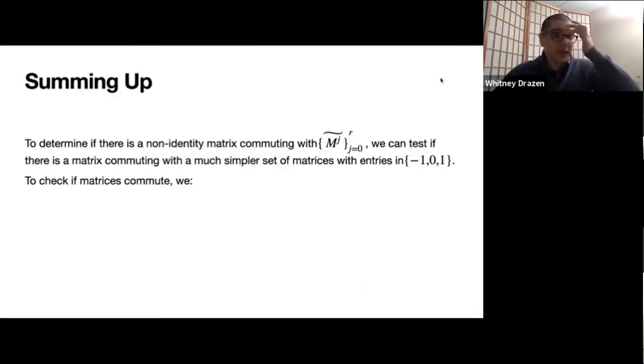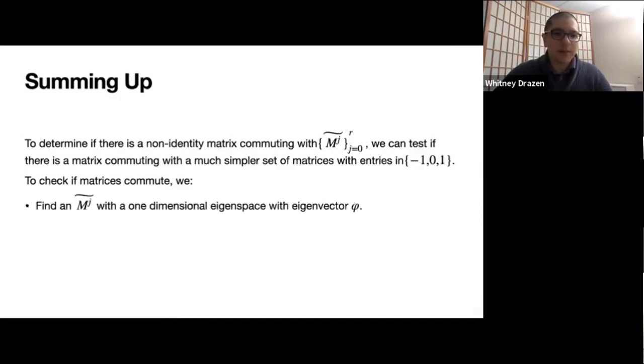To check if there is this commuting matrix, we find some M sub j, or in this case a B sub j, the 0, 1 matrix that has a 1-dimensional eigenspace.